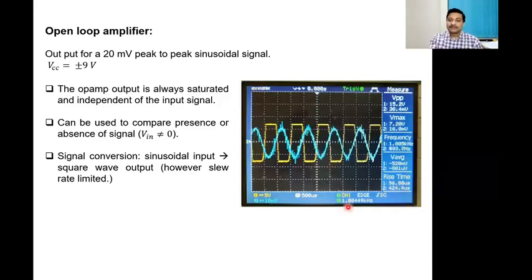And within that period, in fact within a much smaller period compared to that 1 millisecond, the output is supposed to change polarity from plus 7.5 volts to minus 7.5 volts or the other way around. And that would be limited by the slew rate of the operational amplifier. In fact, that is how we'll also measure the slew rate, and that's where the slew rate starts affecting the performance.